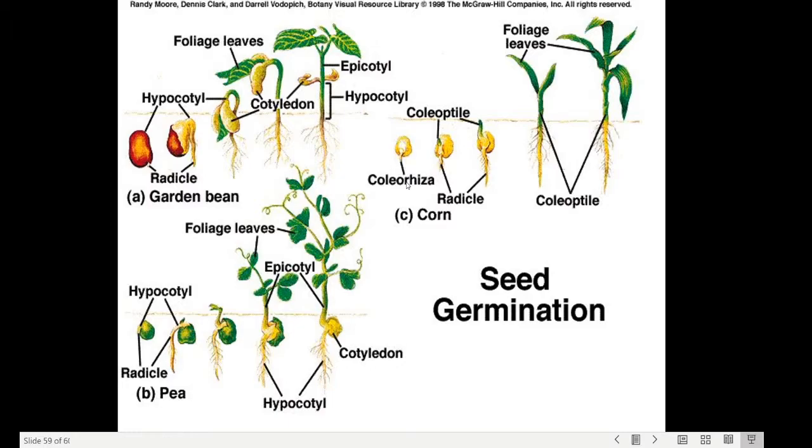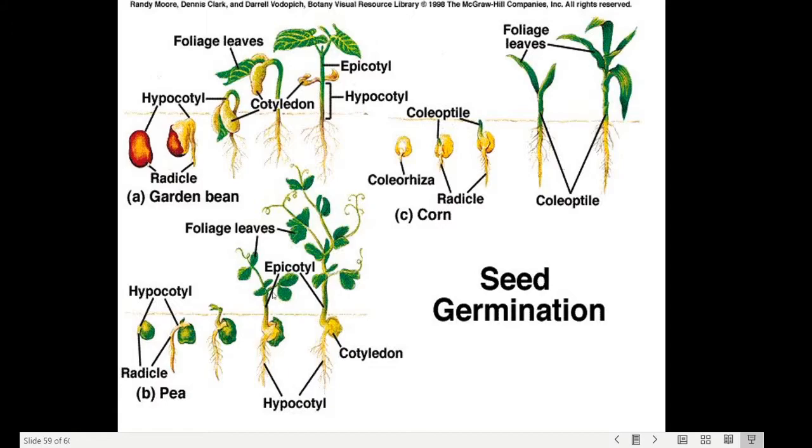In the corn, the seed has the coleorhiza, the coleoptile and radicle. These are developed in the foliage leaf. Then the pea has the radicle and hypocotyl. First here coleoptile, here it's called the hypocotyl.